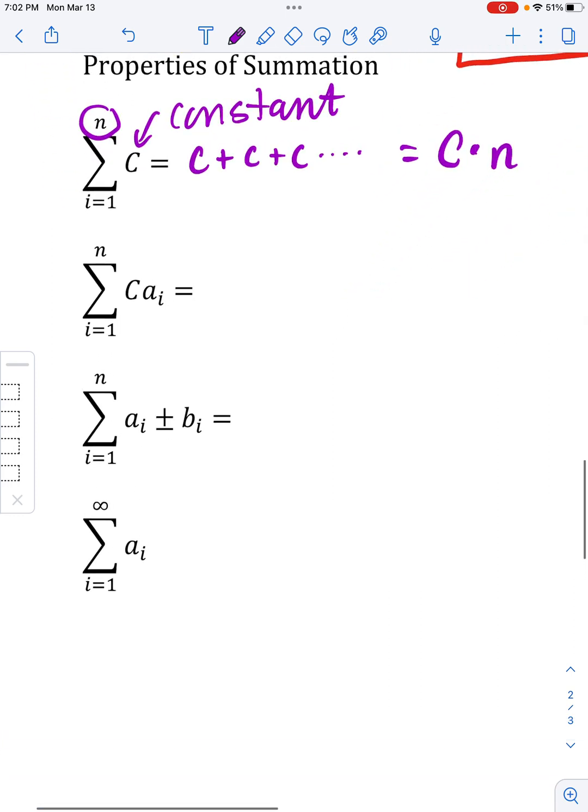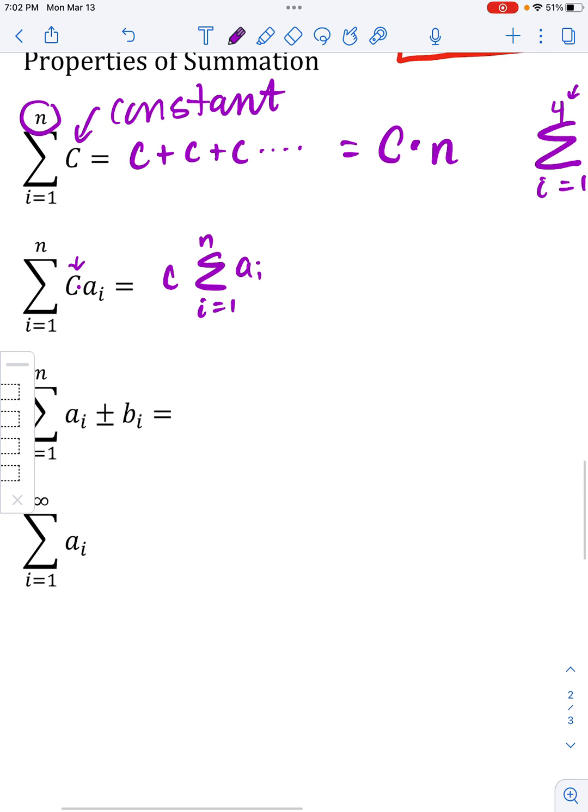If you have a constant inside getting multiplied by your formula, you can just take that out. It's just saying, hey, you can pull a 2 or a 3 or whatever you have out of there and then get the sum of this. So you can either include it in every single term or just take it out in front.